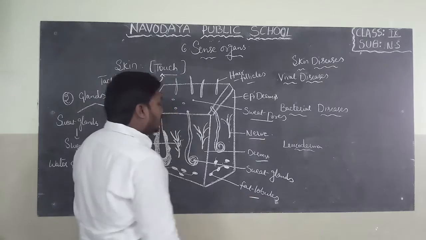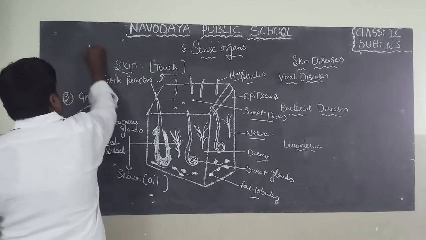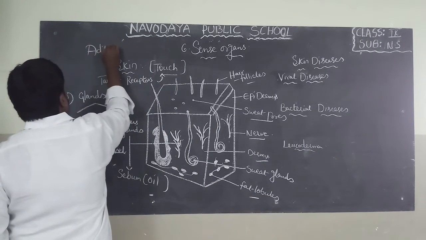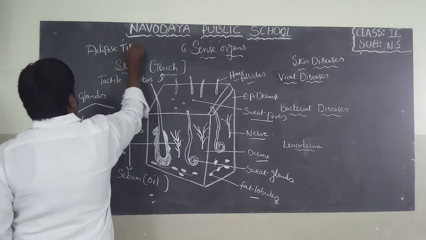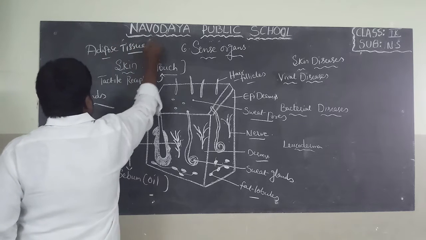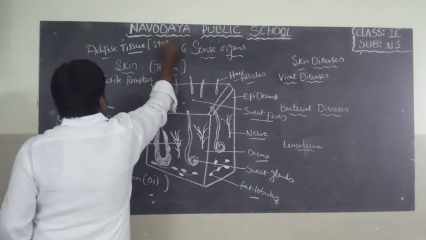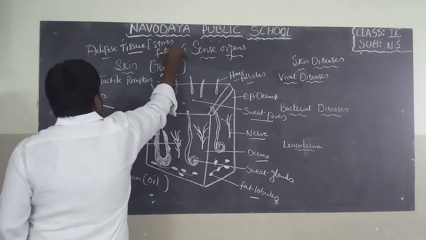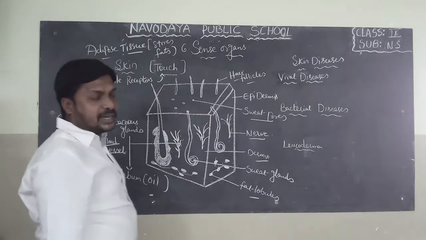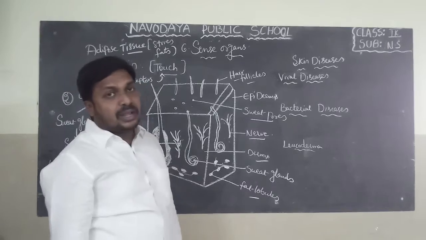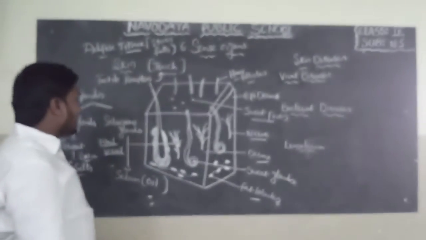Inside the skin we can find a tissue called adipose tissue. This adipose tissue stores fats. This adipose tissue present below the skin helps to store fats. So this is about skin.